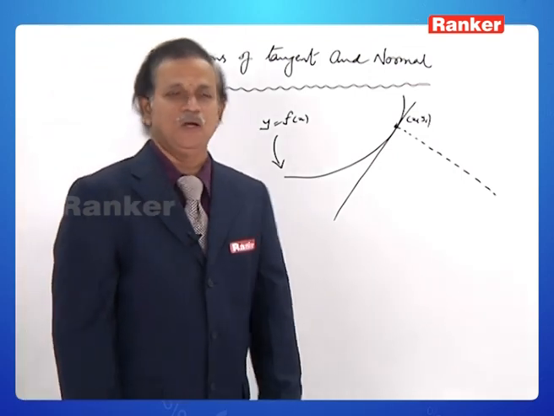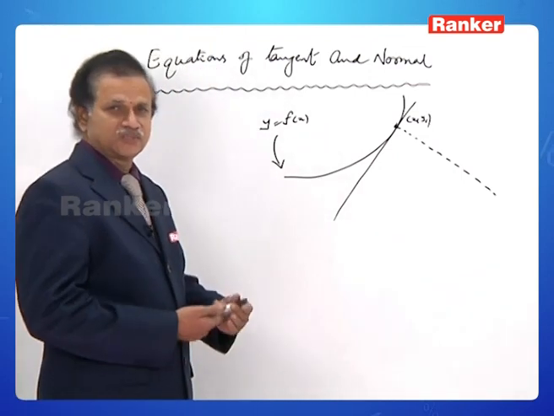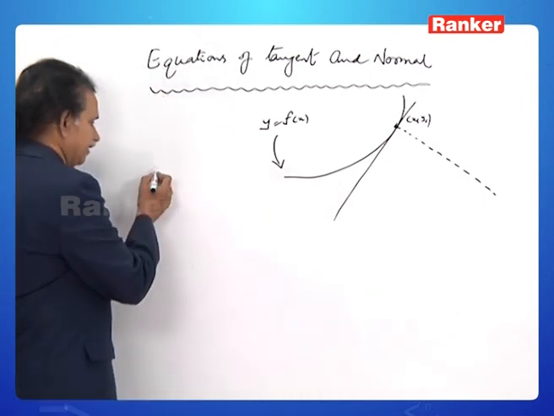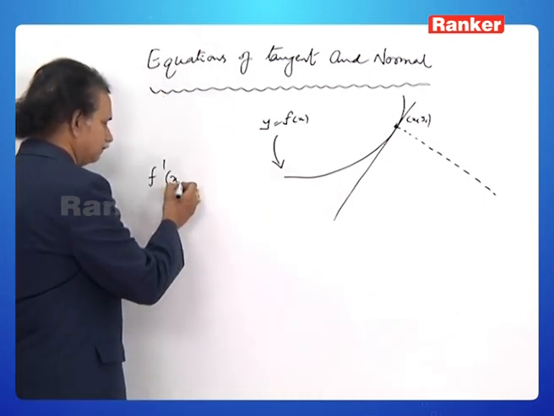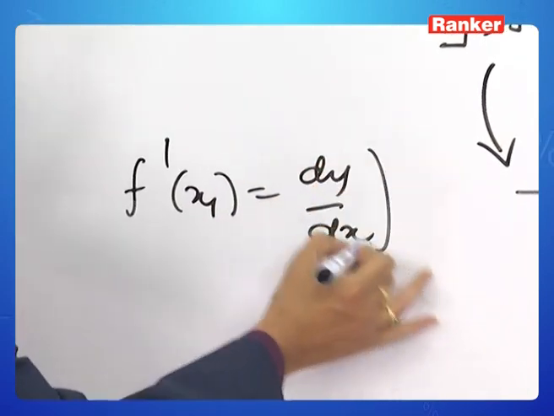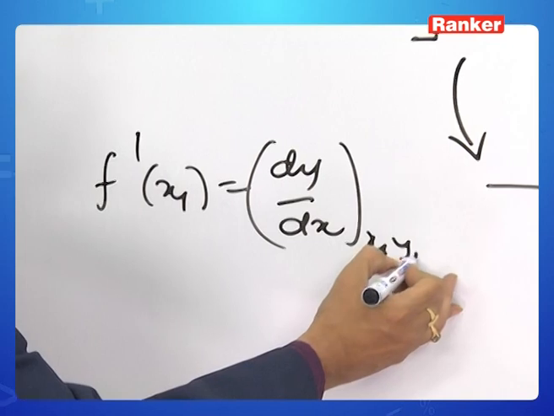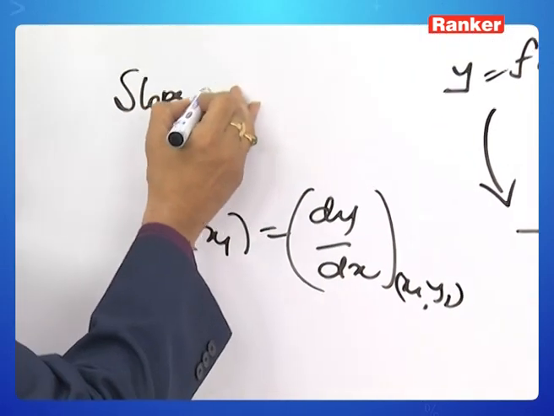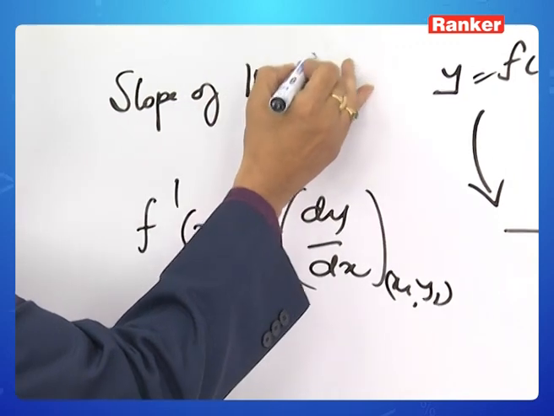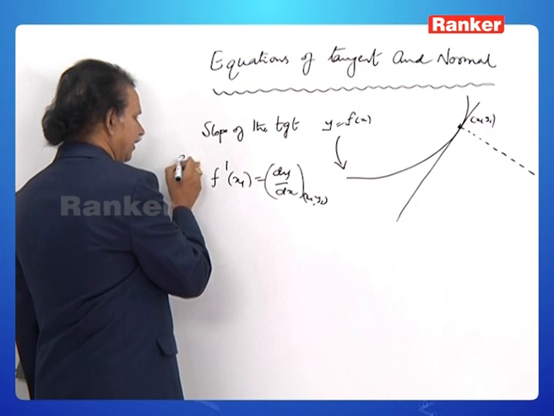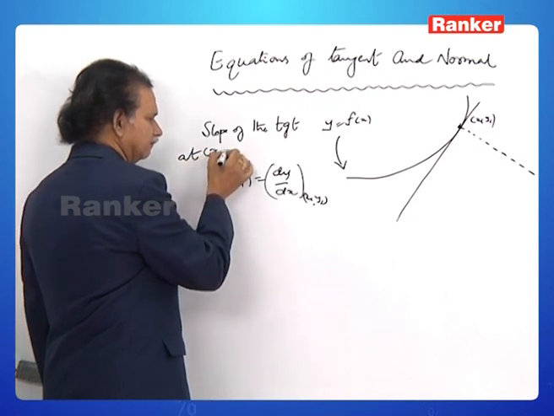Well, in the previous discussion we have noted that f dash x1 is equal to dy by dx at x1, y1, which is nothing but the slope of the tangent at x1, y1.